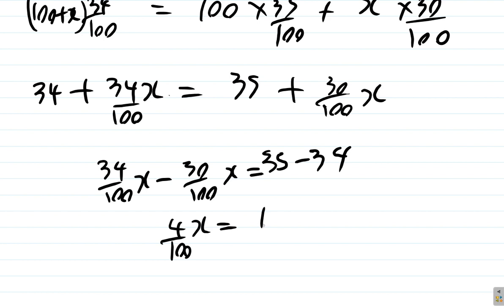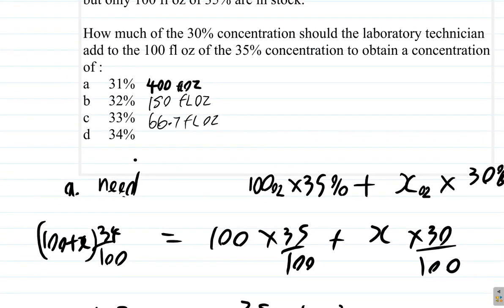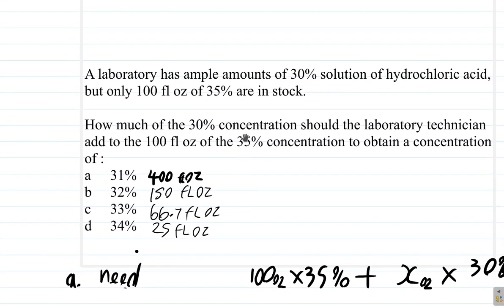So here now, x would be 100 times 1 is 100, and then you divide by 4 and you get 25. So here, you need 25 fluid ounces. Only 25, because remember, you're trying to water down the 35% concentration.